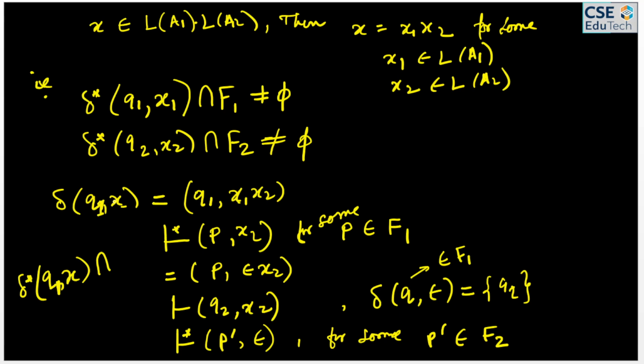So delta star q1 x intersection with f2 should not be equal to null, and hence we can say that x belongs to the language accepted by this final automaton A.